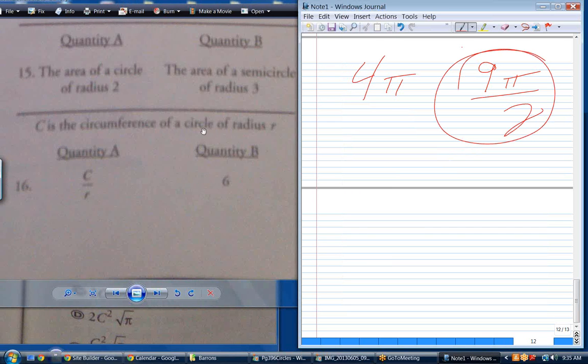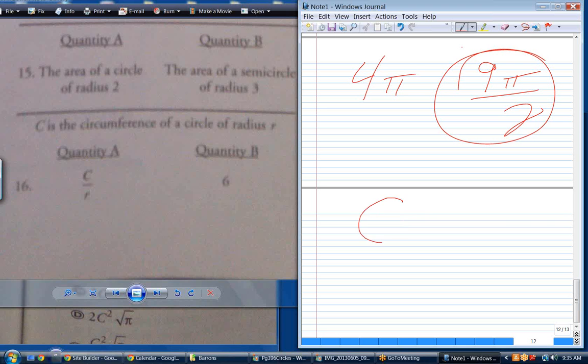C is the circumference of a circle of radius r. What's bigger, C over r or 6? Once again, wouldn't it depend what numbers we have for the radius? A little tricky. That was my first thought also, but not really.